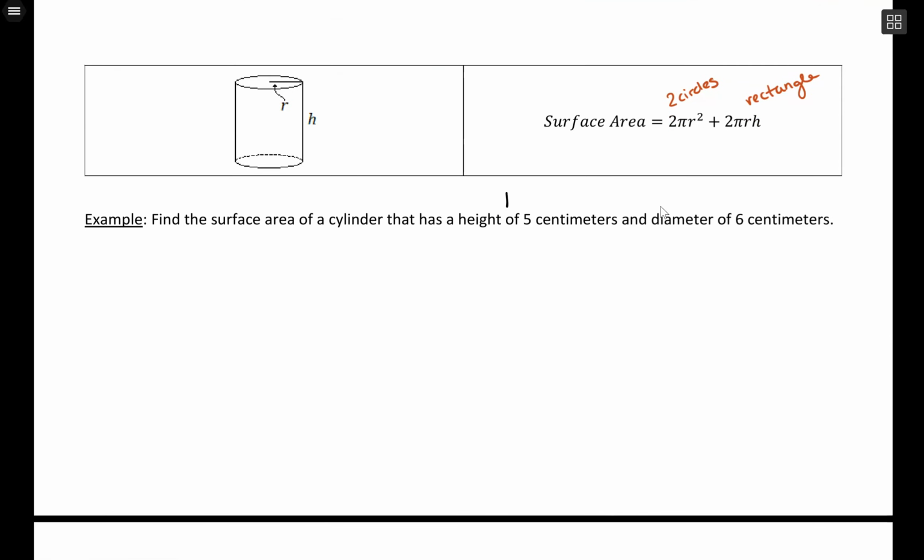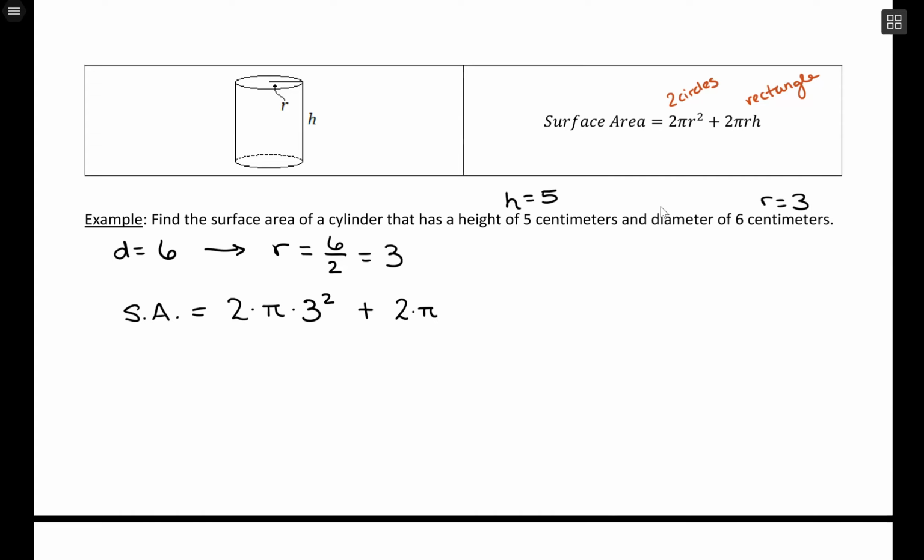Let's do that with another scenario here. Here they're giving a height of 5 and a diameter of 6, which means we need the radius. So what we would need to do is take that 6 and divide it by 2. So the radius is 3, and we're dealing with centimeters. All right, so surface area. We're taking 2 times our circles, pi r squared, plus our rectangle, which is going to be 2 pi r times the height.